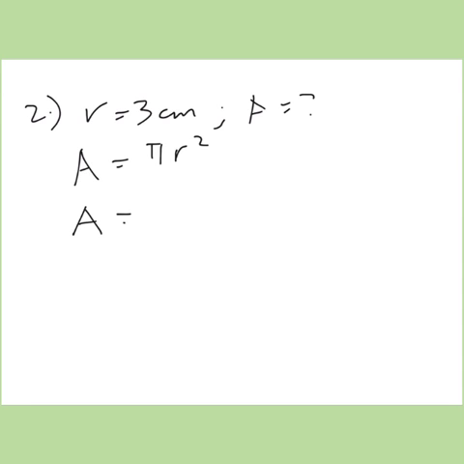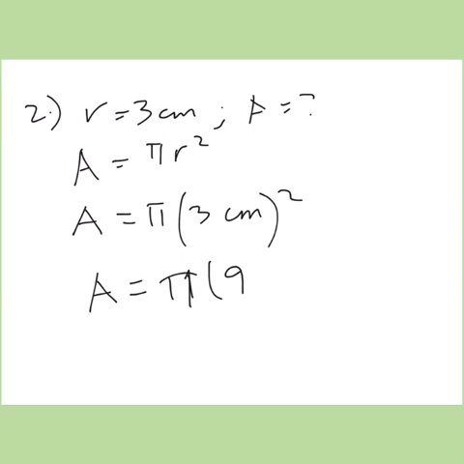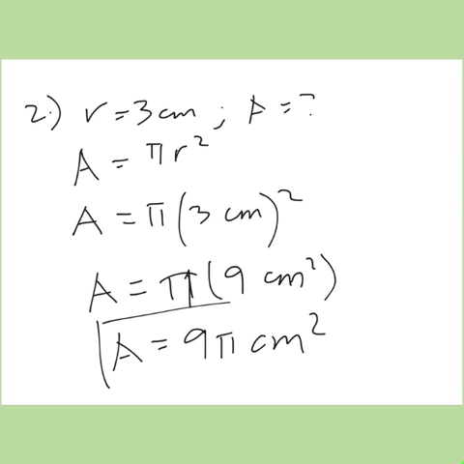So area equals pi, the value of our radius, 3 centimeters squared. So area equals pi times the square of the radius, which is 9 centimeters squared. So the area equals 9 pi centimeters squared. And this is now the area of our circle having a radius of 3 centimeters.